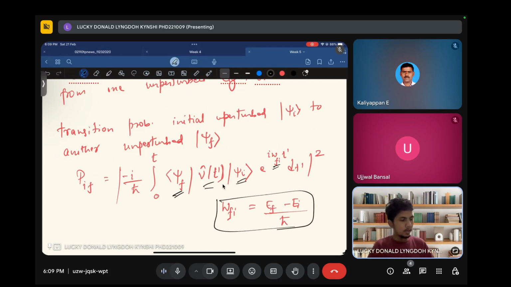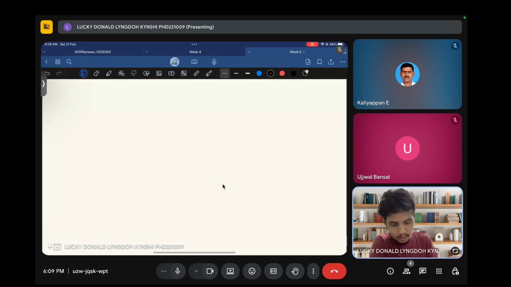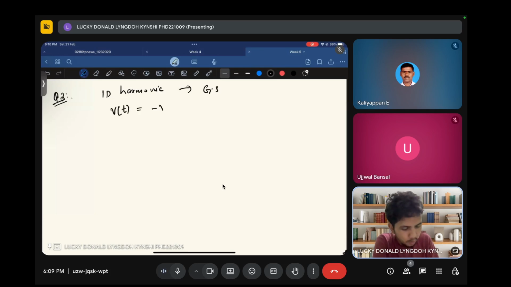Okay, so question number 2 of your assignment talks about what? It talks about a particle of mass m in the ground state of a 1D harmonic oscillator, placed in a perturbation potential V(t) = −V₀ x e^(−t/τ).